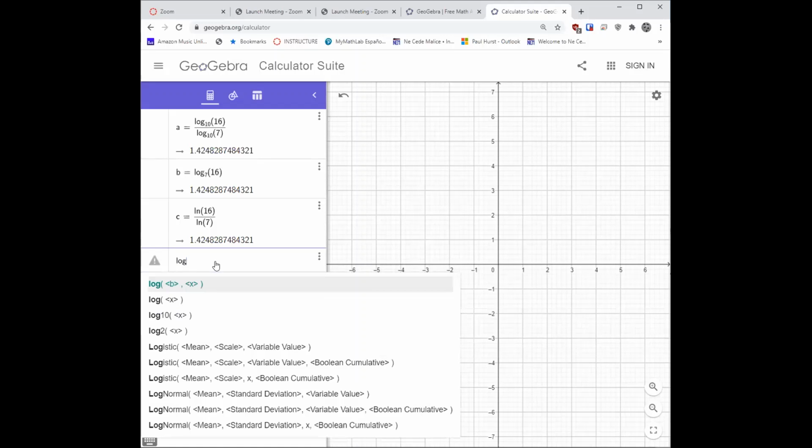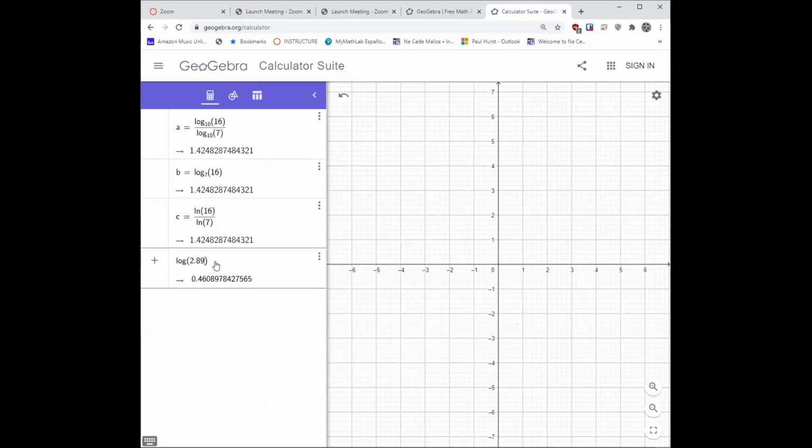So common logarithm, log of 2.89 divided by log of 7. That's the first one. 0.545378. They want 6 decimal places. Or natural logarithm, if you're feeling natural.